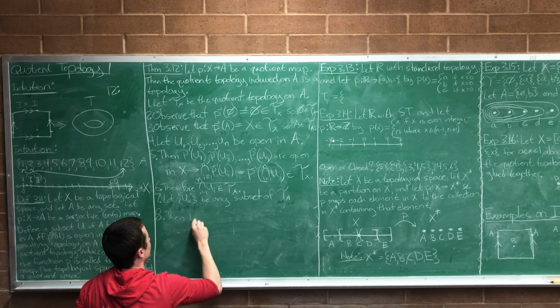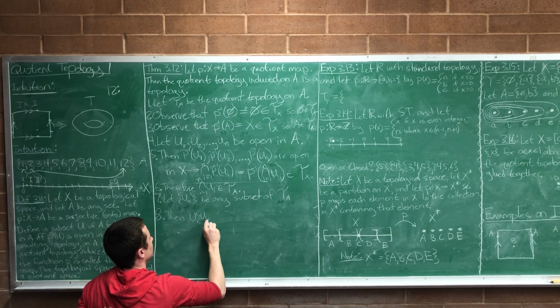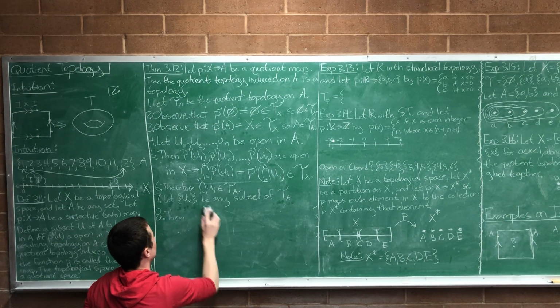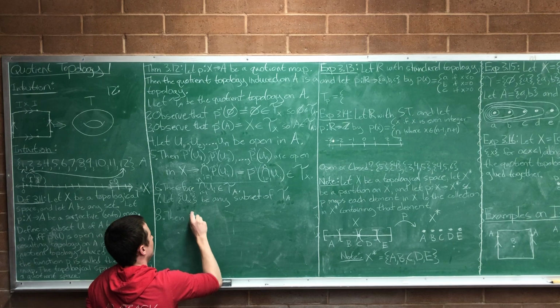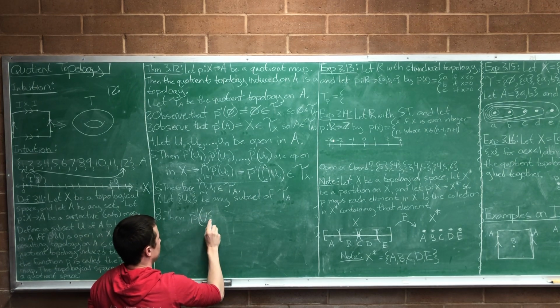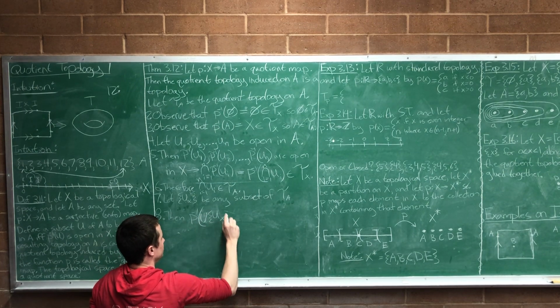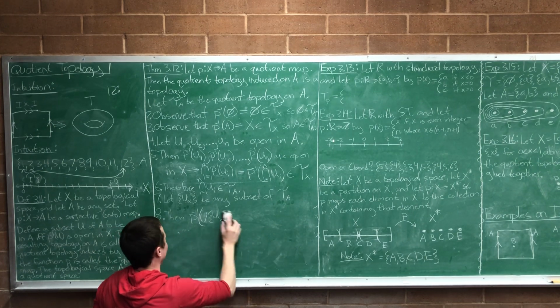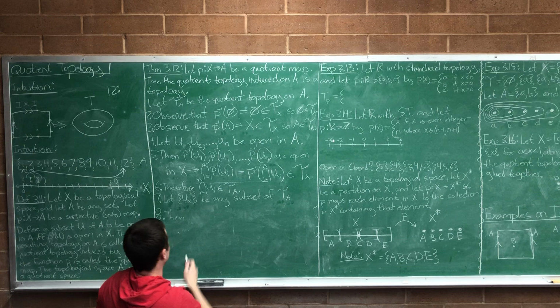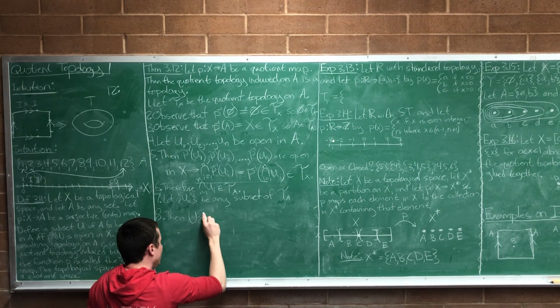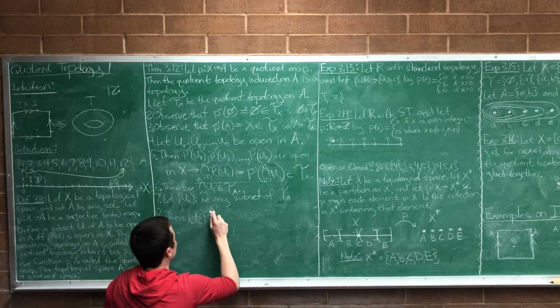Then the pre-image of the union of U sub alpha, same thing, is the union of the pre-image of the U sub alpha. There we go.